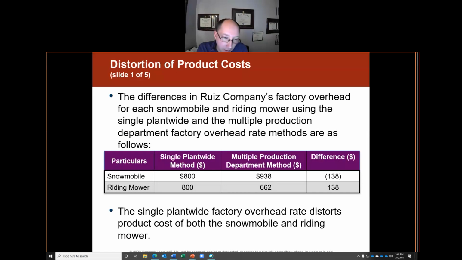That's exactly right. Yes, I couldn't agree more. You said it perfectly. That is the exact purpose of distortion of product cost. It tells us the difference between the two or three methods, as we'll see here in a little bit, and it tells us which method is the best for that particular product. So yeah, very good.